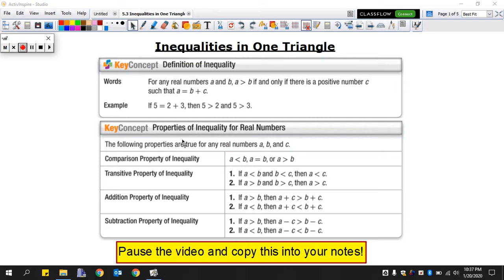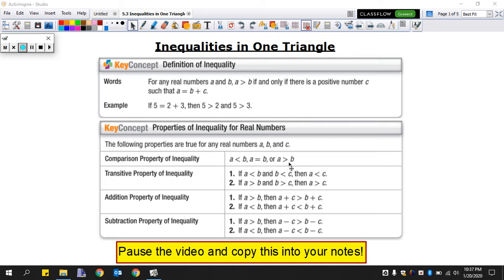Some properties of inequalities for real numbers. We have the comparison property of inequality. It's just saying that you can compare two numbers. One number is either smaller than the other number, equal to the other number, or greater than the other number.